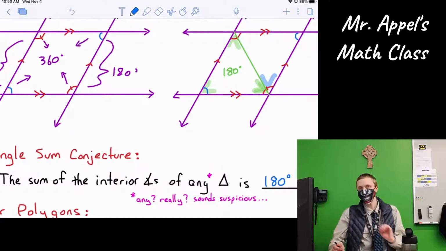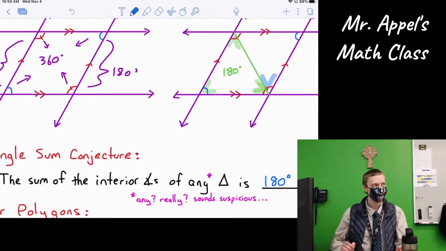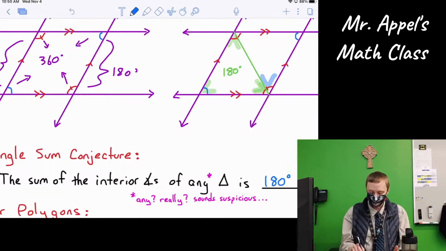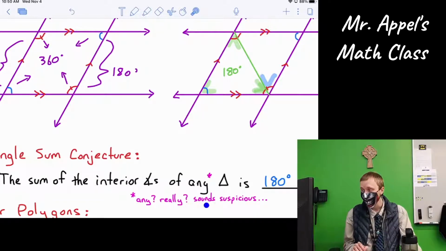Now, at this point, do you believe me? I think it's a fairly good argument here that this guy should be 180 degrees. But is that every triangle? Any triangle? Really? That sounds kind of suspicious there, Mr. Apple. All possible triangles?